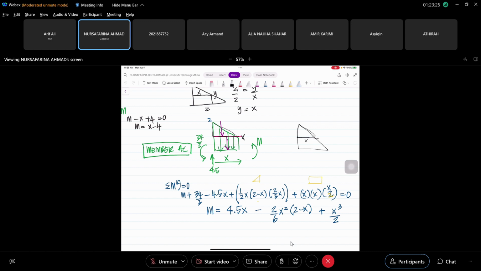Tak perlulah cari sebab you tahu sini ke x. Tapi you kena tahu tinggi ni berapa. Okay, ni 2. So you kena tahu tinggi ni lah. Y dia. Okay, because it's a trapezoidal. So sini x, sini y, sini 2.